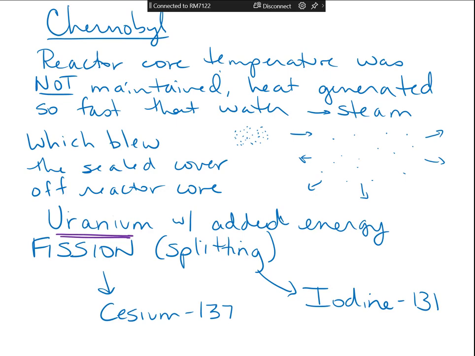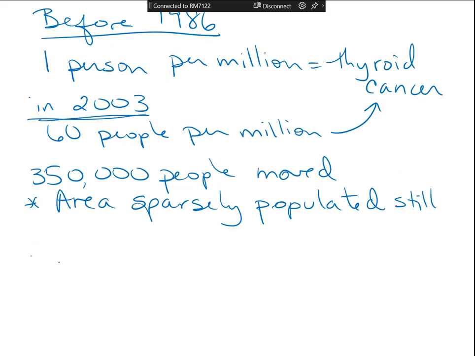So yes, very challenging. Before 1986, the odds of you getting thyroid cancer in this area was like 1 in a million. So it's pretty rare, not a common cancer. In 2003, it's like 60. So they had a 60-fold increase.